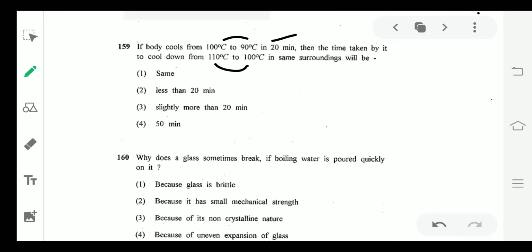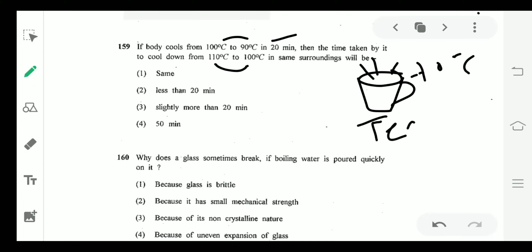You all know, when a cup of hot tea, suppose it is at 70 degrees centigrade, in winters its temperature decreases very fast compared to summers, because the difference in the temperature with the surrounding is more. In winters the temperature of the surrounding is approximately 10 degree centigrade, and in summers the surrounding is 40 degree centigrade.